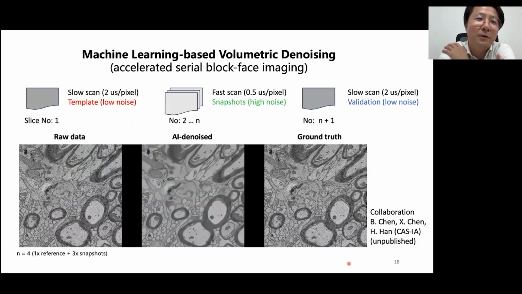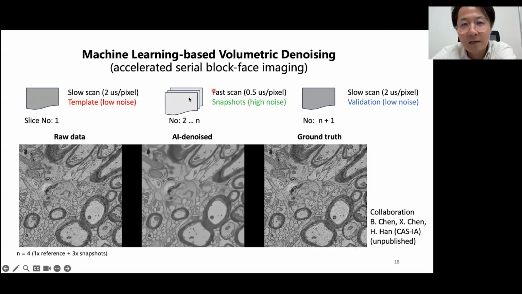Okay, then we think, if the scanning speed is not crucial, is there any way by machine learning we can accelerate the VEM acquisition? The initial idea is that we use a slow scan, like 2 microsecond per pixel, to take a template image with low noise.